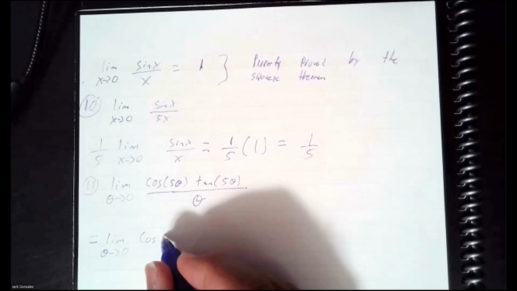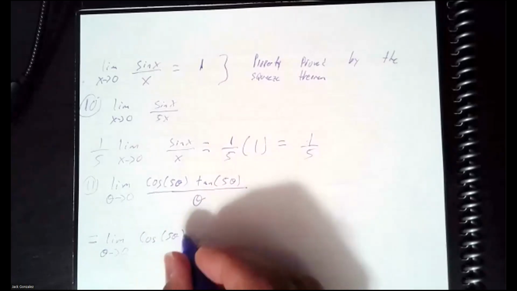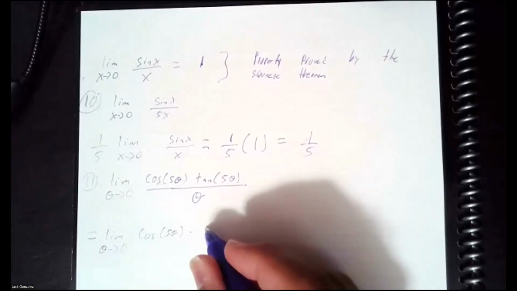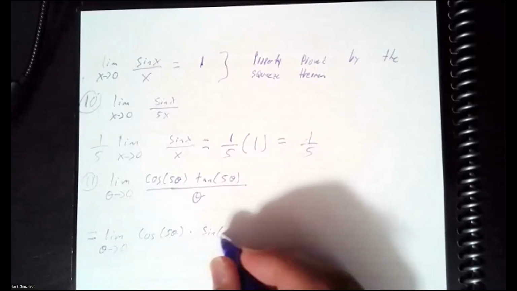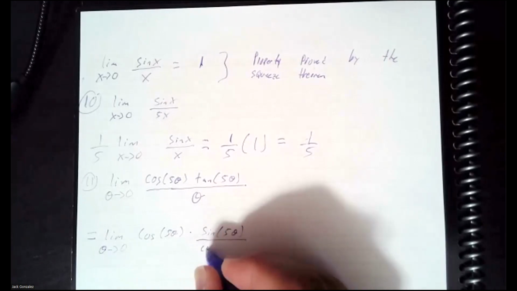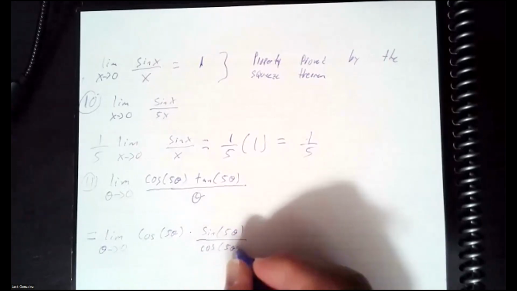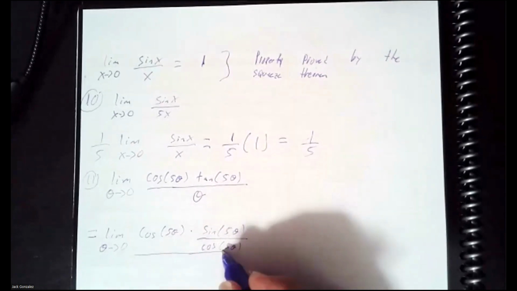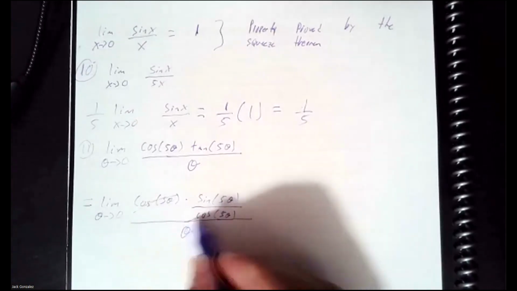Is it sine over cosine? Yeah, it's going to be sine over cosine. So then what do you see? Yeah, exactly. And at least you're going to cancel, right?